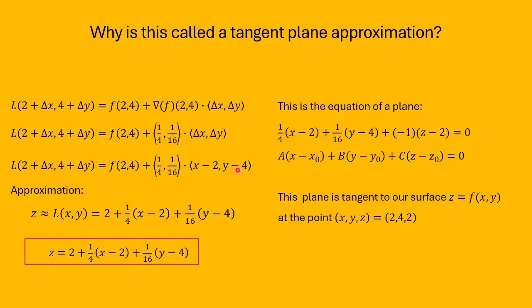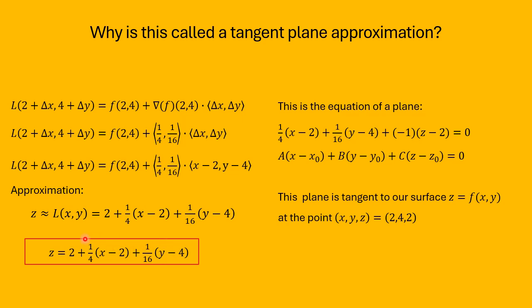So we get this. And then if you just write this out, z, which is approximately L of (x, y), is f of (2, 4), which is 2, plus a fourth times this component, plus a 16th times this component, which is what we have right here. So our approximation then is z equals 2 plus a fourth (x minus 2) plus 1/16 times the quantity (y minus 4).